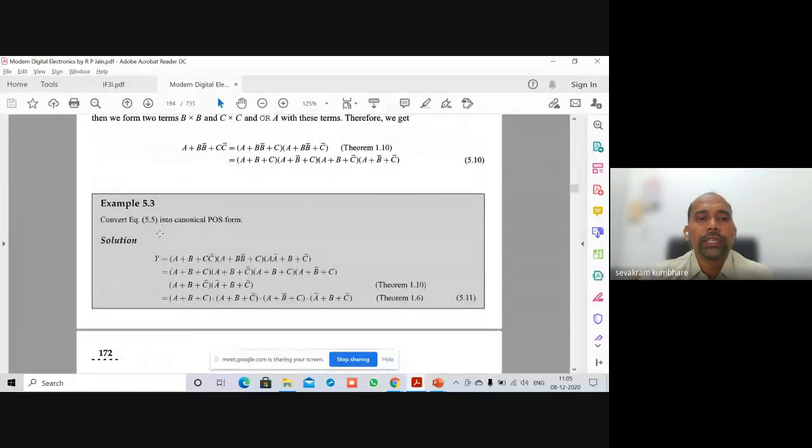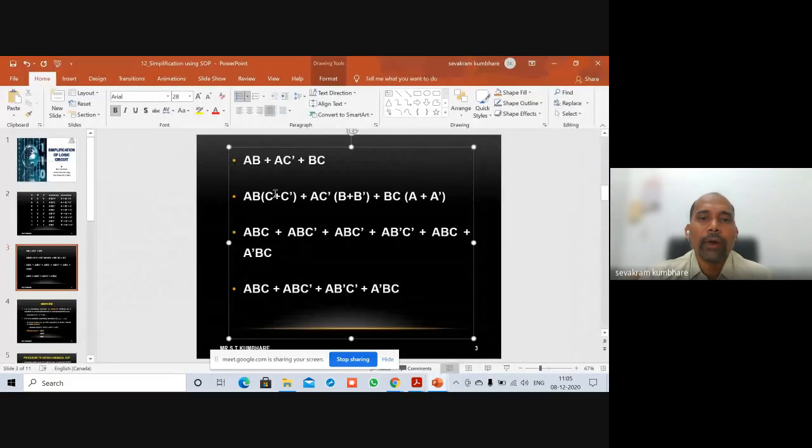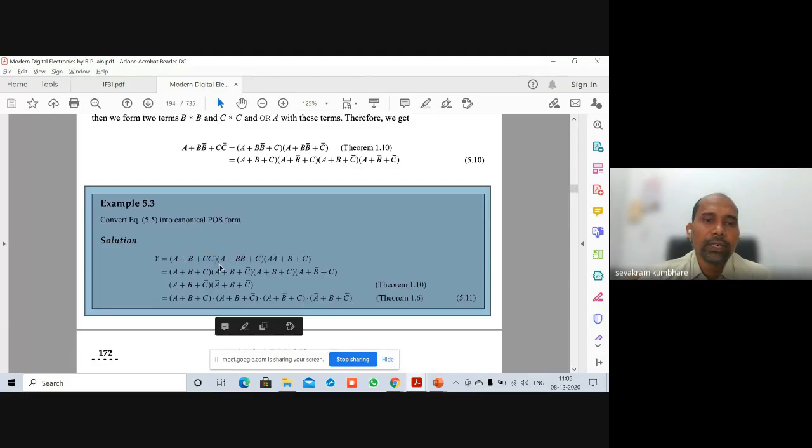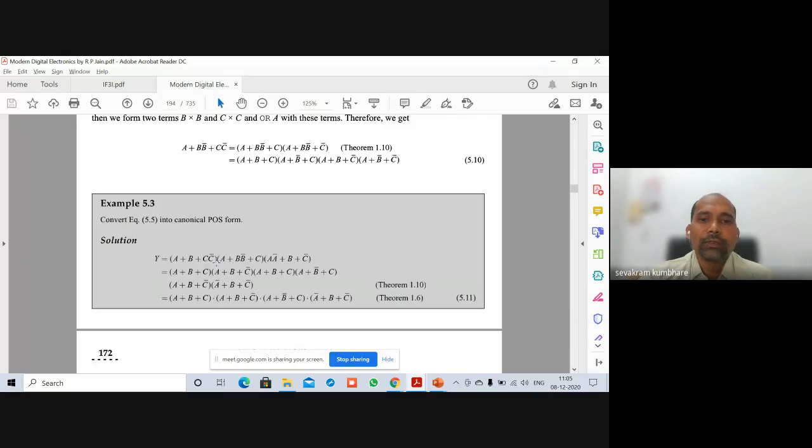Similarly, you can convert it into canonical product of sum form. Here we multiplied the sum form; if you want to convert into product of sum, you have to add multiplication, like this, with C bar. So like this you can do it.